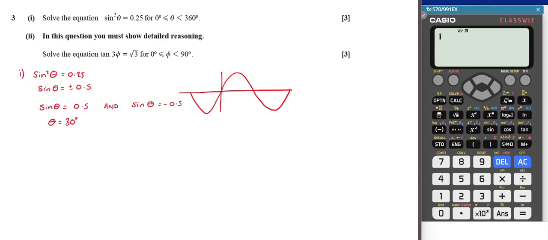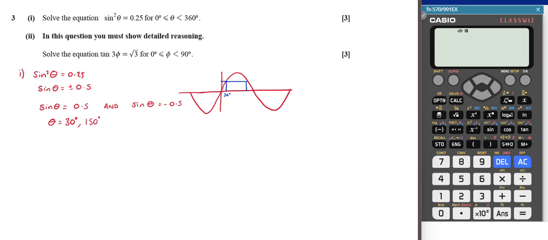If I draw a line across at half, I can see I've got an intersection just there, which gives me my 30 degrees, and I have another intersection there. By symmetry, the distance from where it crosses the x-axis again is 30 degrees. So this is going to be 30 degrees in front of that 180, so that is 150 degrees.